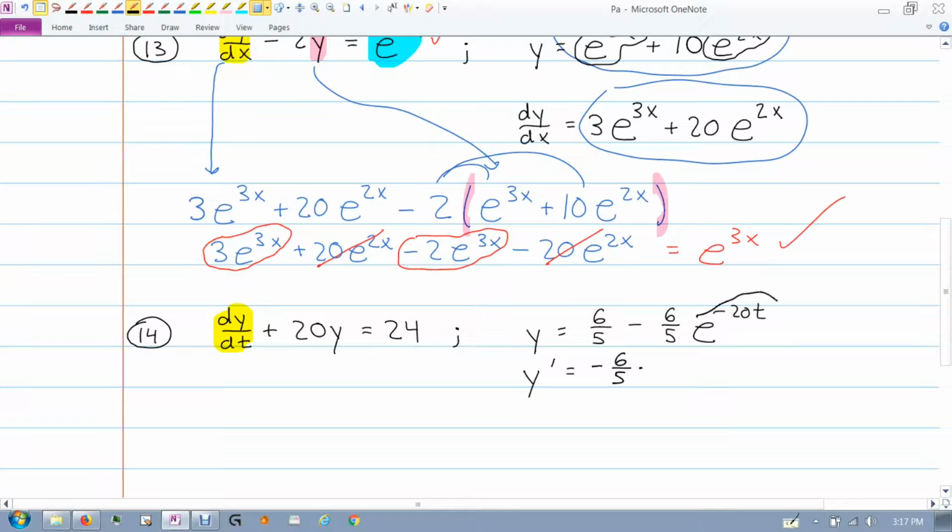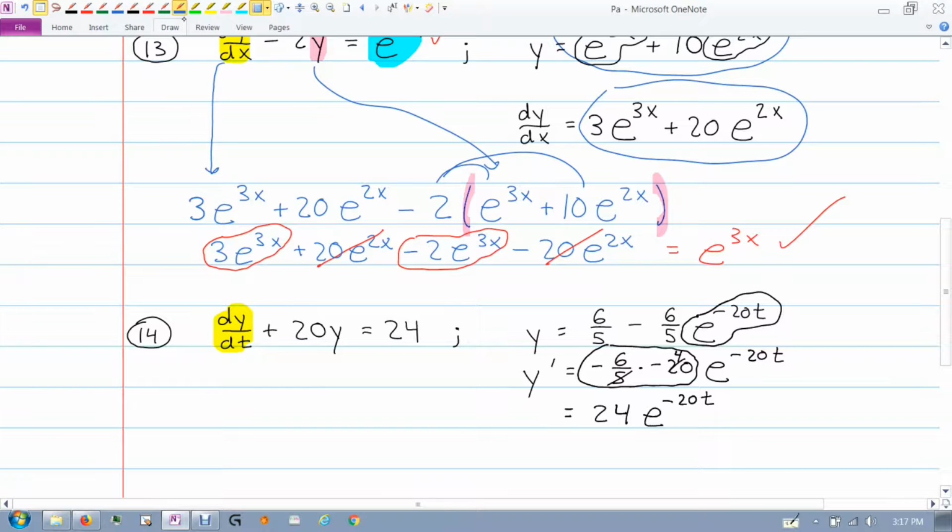When we do this, we've done this a few times now, that negative 20 up top is going to pop out, e^(-20t). Then we get some simplification: 5 goes into 20 4 times, and negative 6 times negative 4 is 24e^(-20t). So that's our derivative.